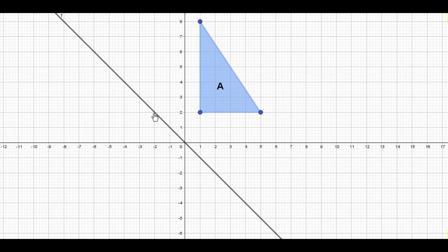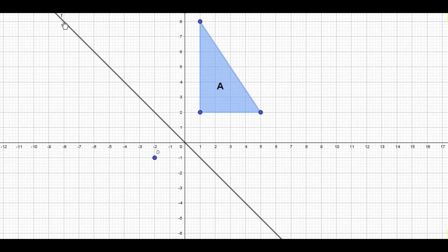From this mirror line, this vertex is 3 units, 1, 2, 3, in the horizontal direction. So from that mirror line, I have to count vertically 3 units, 1, 2, 3. So this corresponding vertex, I got it. Same process here.